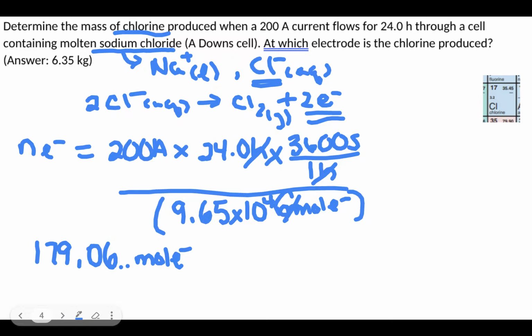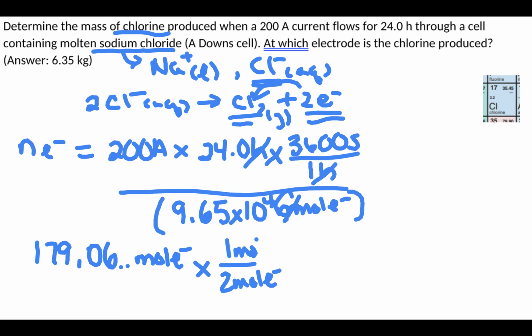Now, because it's asking about mass of chlorine gas, I want to multiply this by the mole ratio that turns moles of electrons into chlorine gas. So that would be 2 moles of electrons in the denominator with 1 mole of chlorine gas in the numerator. That gets moles of electrons to cancel, and then my last step is to get grams of 1 mole of chlorine.